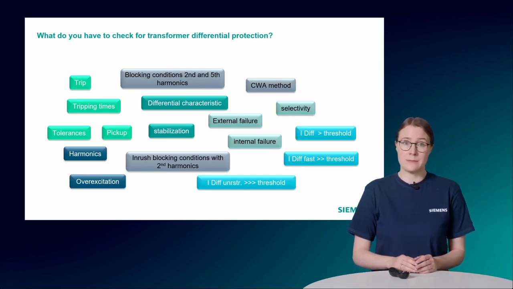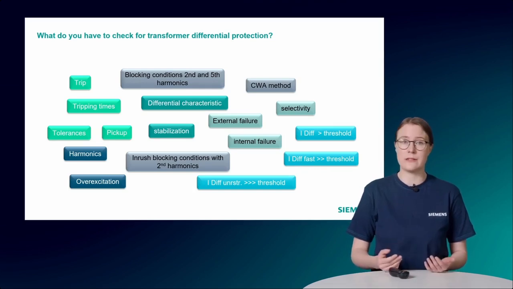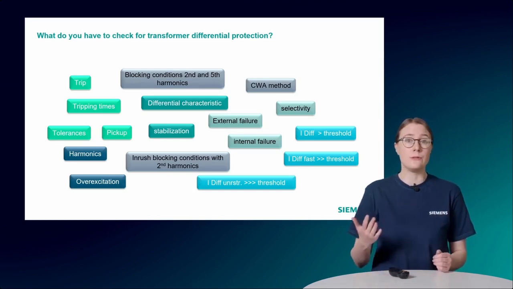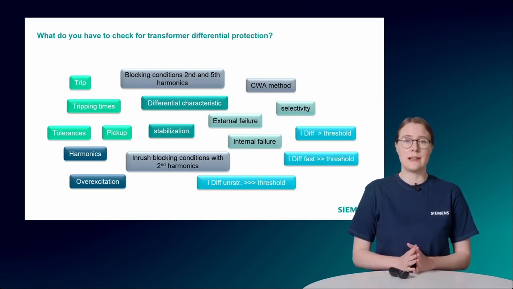But our customers want to validate the blocking conditions as well for inrush currents using both the traditional second harmonic method and the new CWA technique, and the blocking conditions for overexcitation. The test should also generally confirm that the protection relay is stable in the event of an external fault and trips reliably in the event of an internal fault, and that it behaves selectively under the given network conditions.